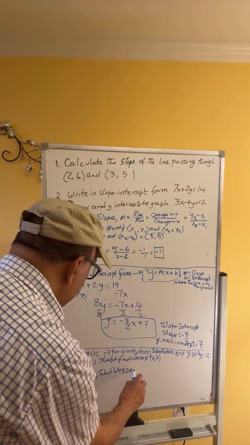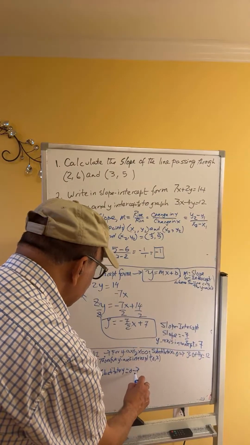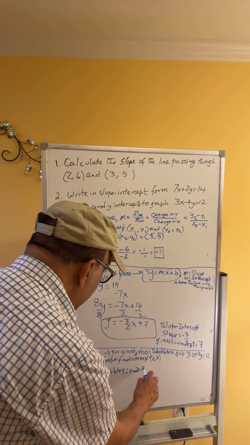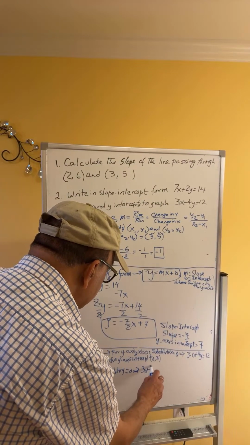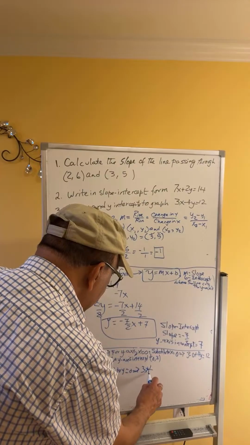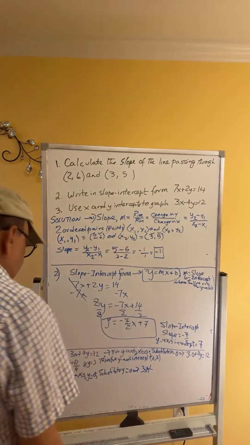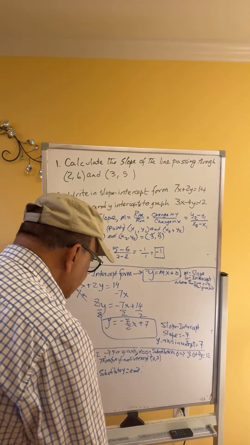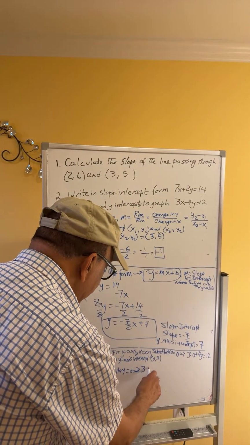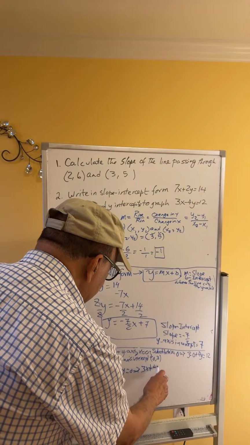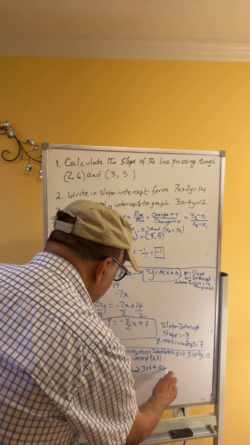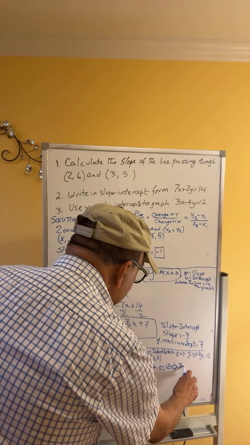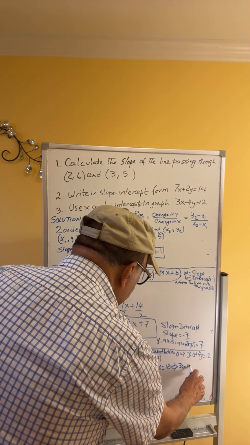We get 3x plus 4 times 0, because it is the x-axis, y is 0, equal to 12, which will reduce to 3x equal to 12.